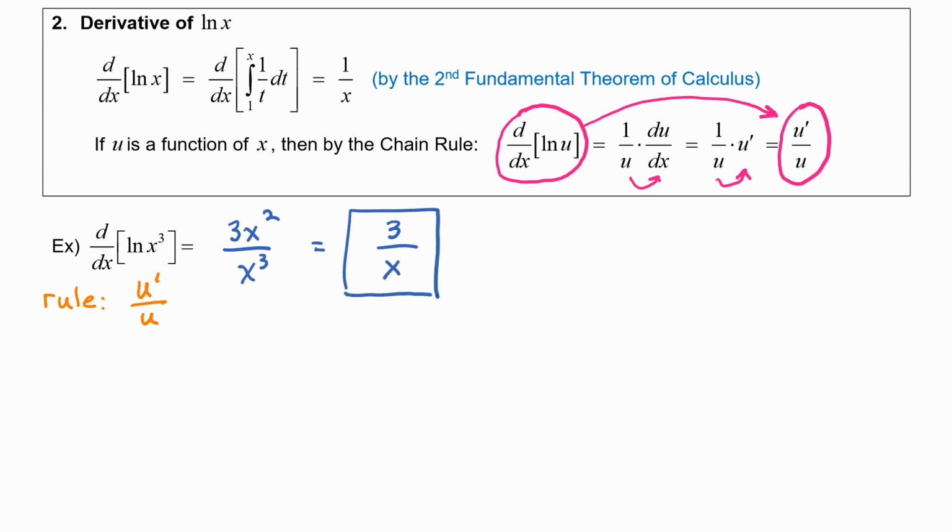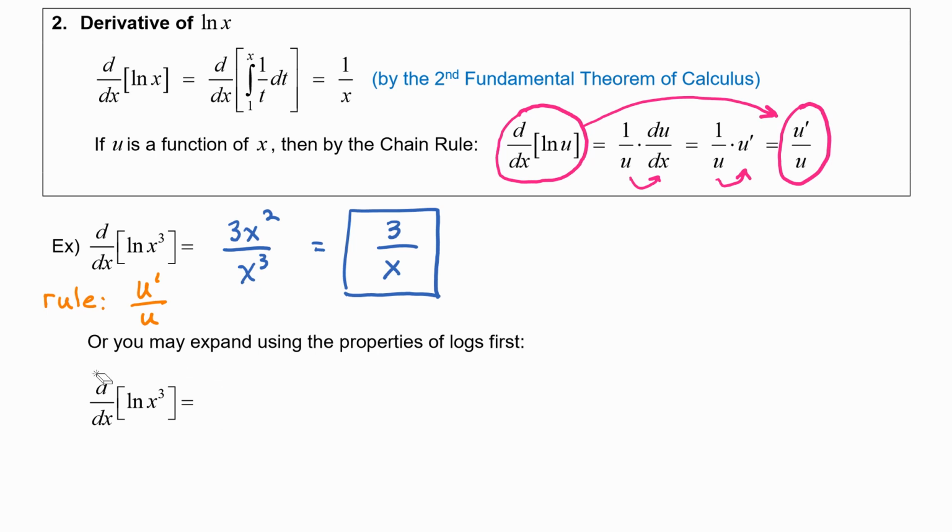Now the other way that we could do this is to expand using the properties of logs first. So if we start with the derivative with respect to x of the natural log of x cubed, we could write that as d by dx of 3 times the natural log of x.